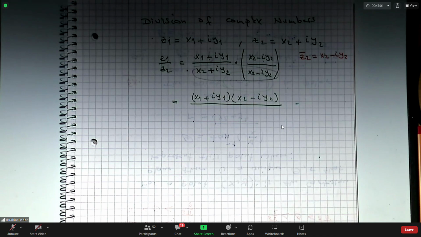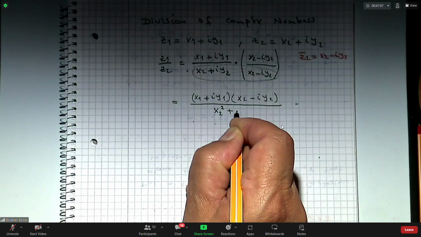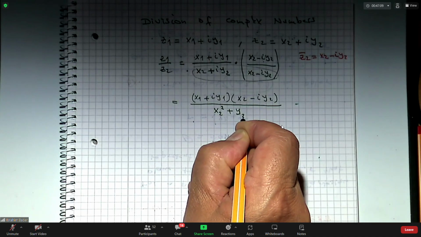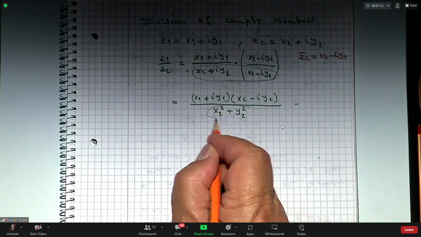Just go back to rule number 4. x2 squared plus y2 squared. And notice this is the most important thing, and why we use this trick here.